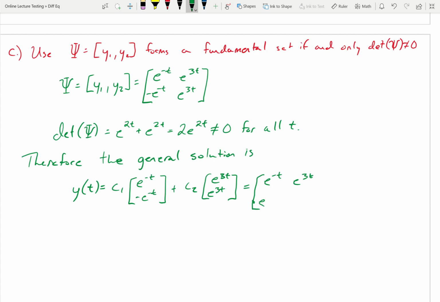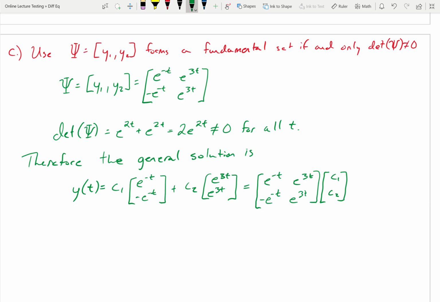Our second row is negative e to the negative t, e to the 3t, times the vector c1, c2. And that's all you have to do for this problem. So that's it for that part.